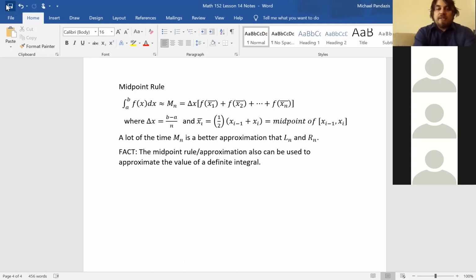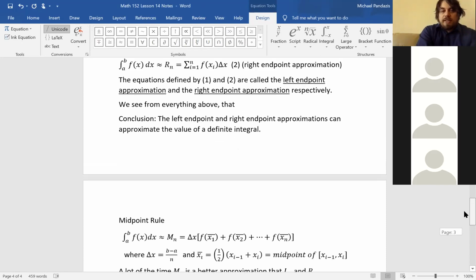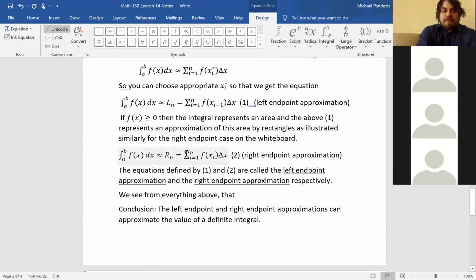Okay, and so there's another one, and that one's called the trapezoidal rule. You can also use the trapezoidal rule to approximate the value of a definite integral. For instance, if you have the same general definite integral, you can say it's approximately 1/2 times the sum.